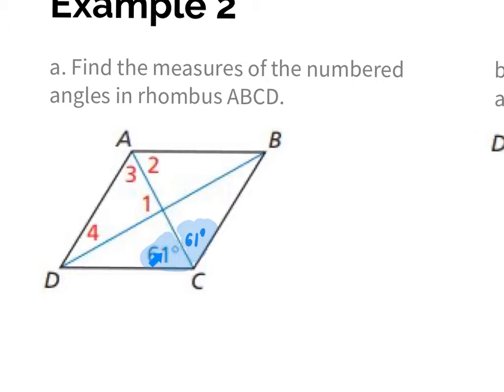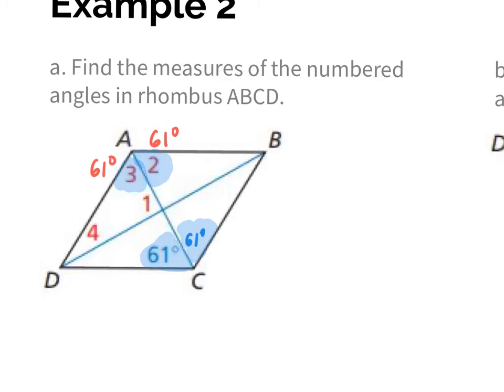So if this angle is 61, the angle across from it, or opposite to it, is also going to be that same measure. So we know that angle 3 here is also going to be 61 degrees. At the same time, the angle across from this 61 degrees, which would be angle 2, must also be the same measure. So I know that that angle will be 61 degrees.